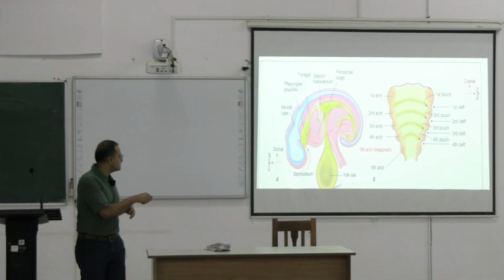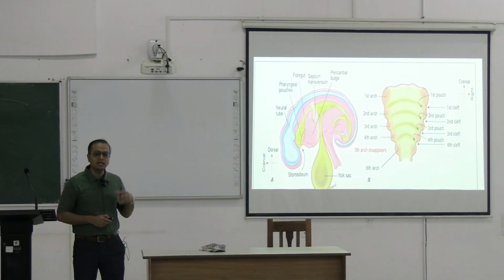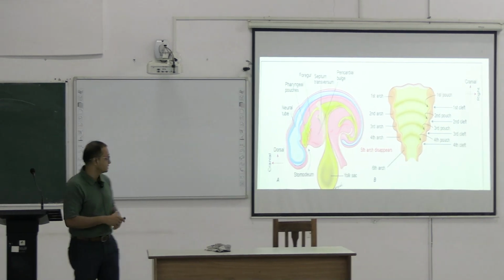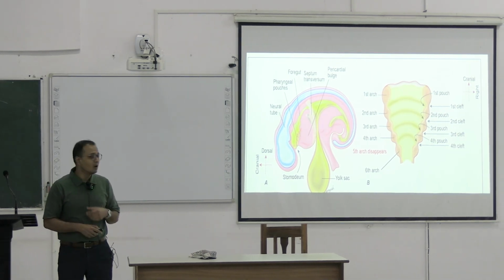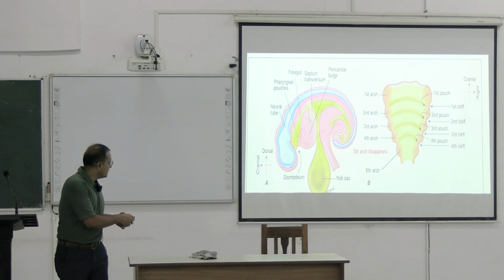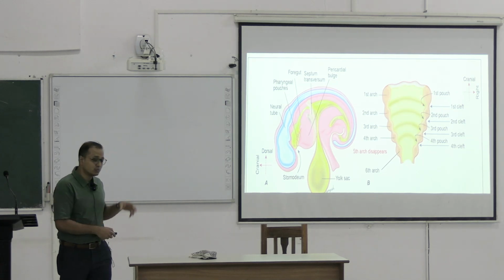All these tissues line each of these arches. Outside, the red line that we are seeing here is the ectodermal side. The orange one is mesoderm, of mesodermal origin. On the inner side, the yellow tissue lining here is endodermal in nature.